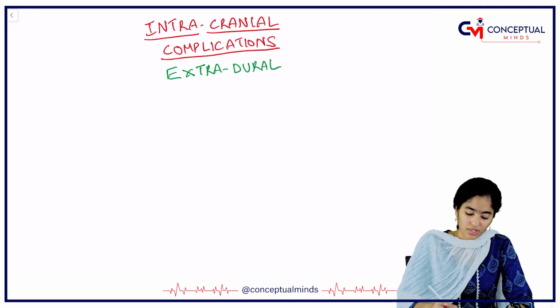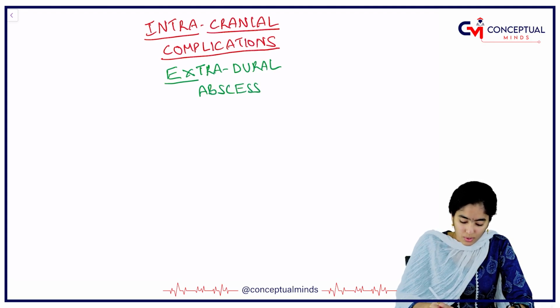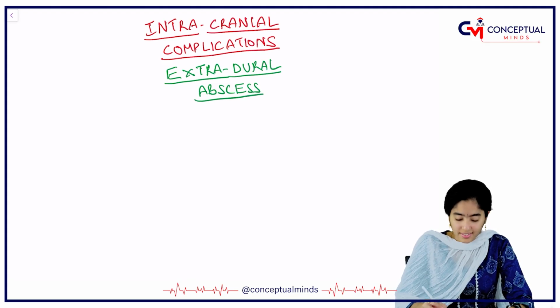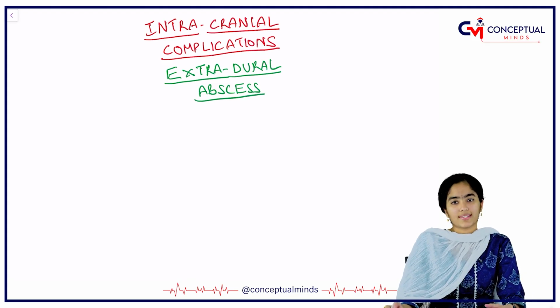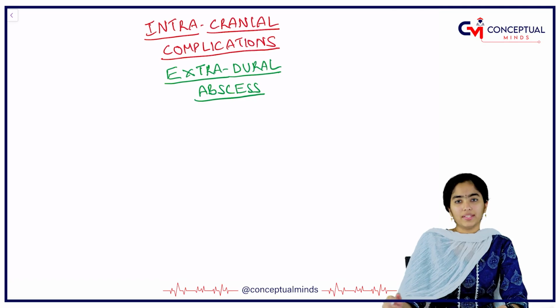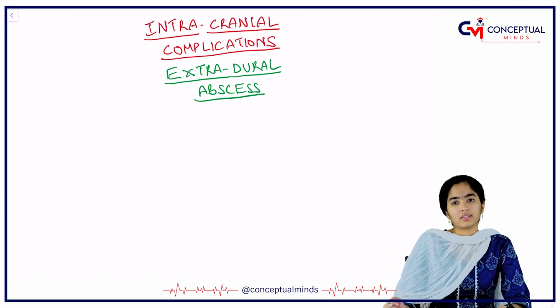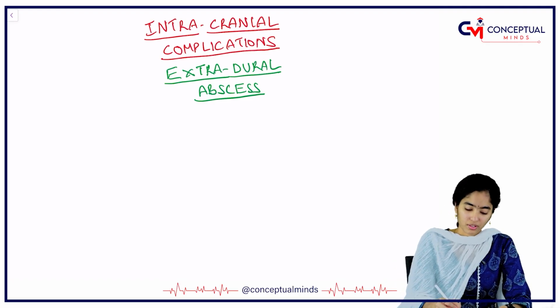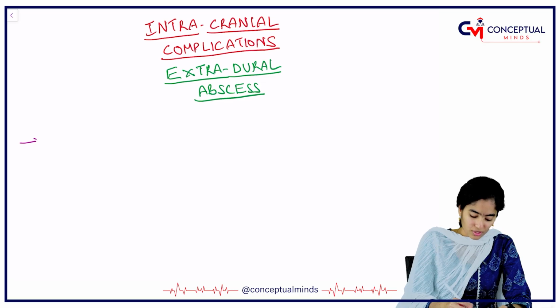Where is an extradural abscess seen? It is outside the dura, as the name suggests. So it is a collection of pus between the bone and the dura mater, and it occurs by direct extension, that is, by direct bone erosion. So the basic definition is important.